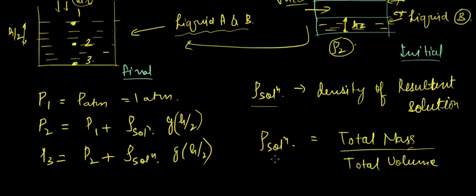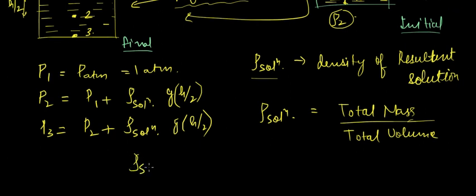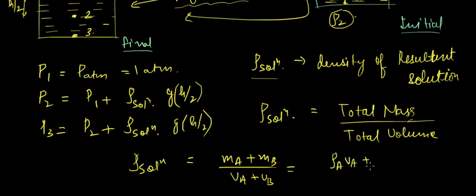Total mass would be mass of A plus mass of B, and volume of solution would be volume of A plus volume of B. We can write mass of A as density of A times volume of A, plus mass of B as density of B times volume of B, which were initially mixed to form the final mixture, divided by volume of A plus volume of B.